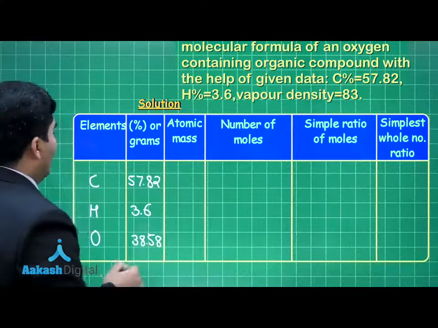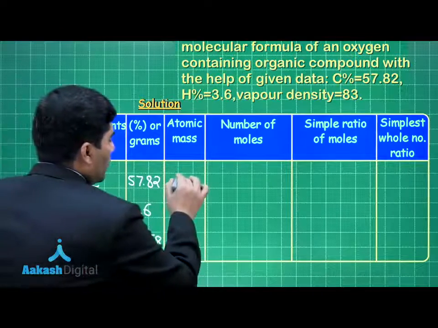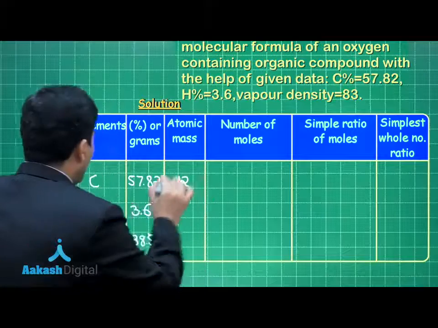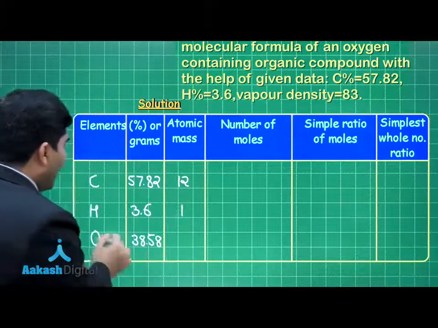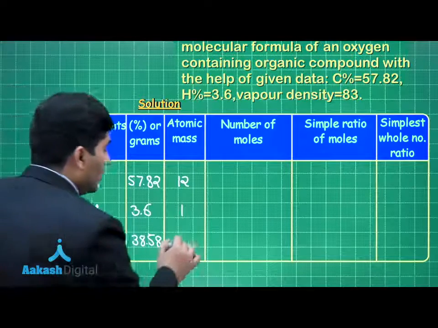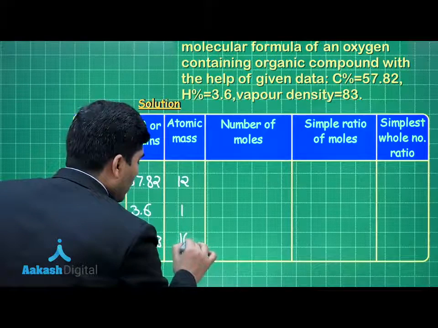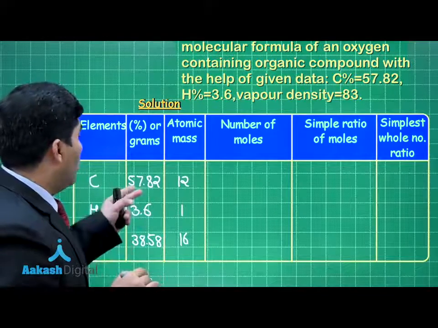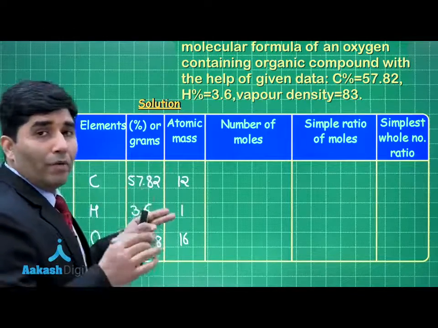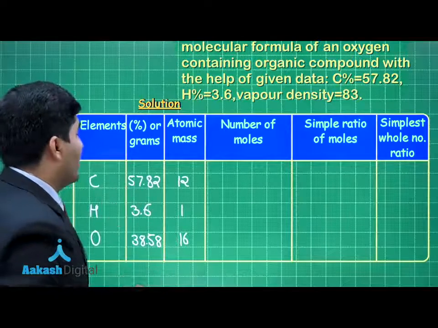Now atomic mass. Atomic mass of carbon is 12. Atomic mass of hydrogen is 1. And atomic mass of oxygen is 16. Again we have to find out the number of moles. So number of moles is equal to given weight upon molar mass. Given weight is 57.82.